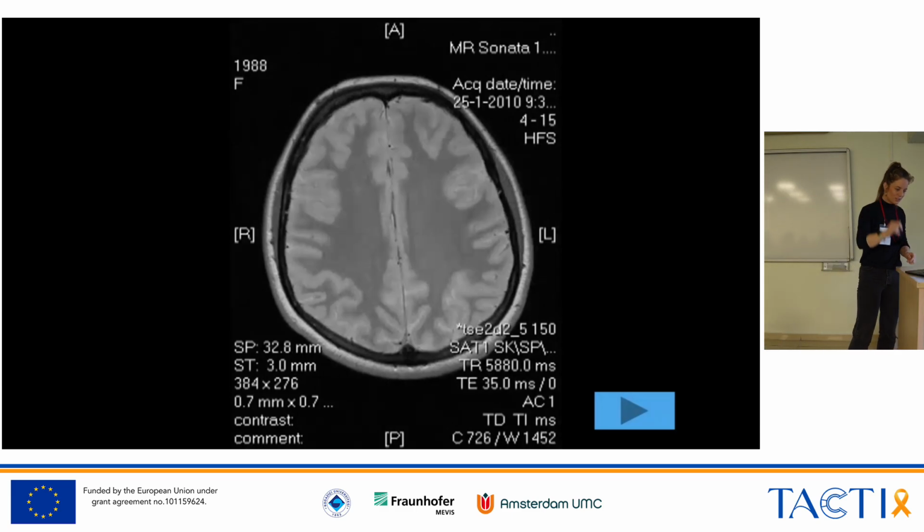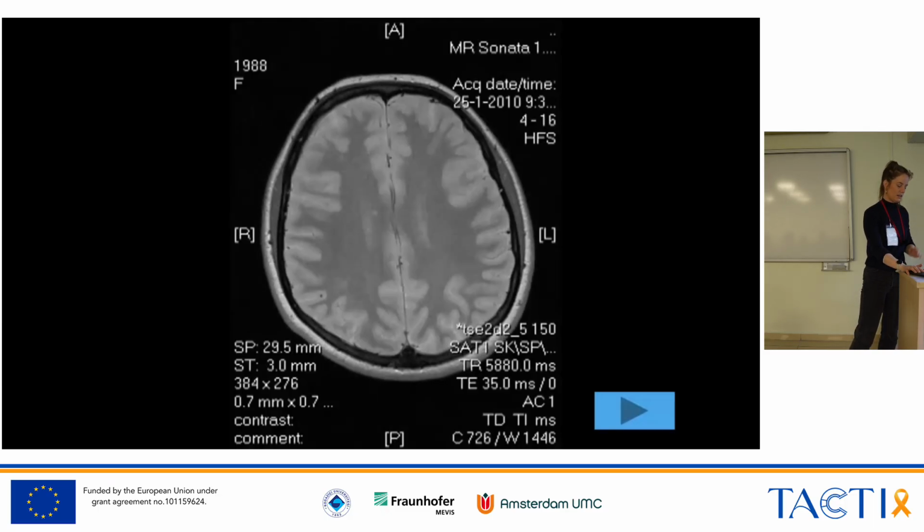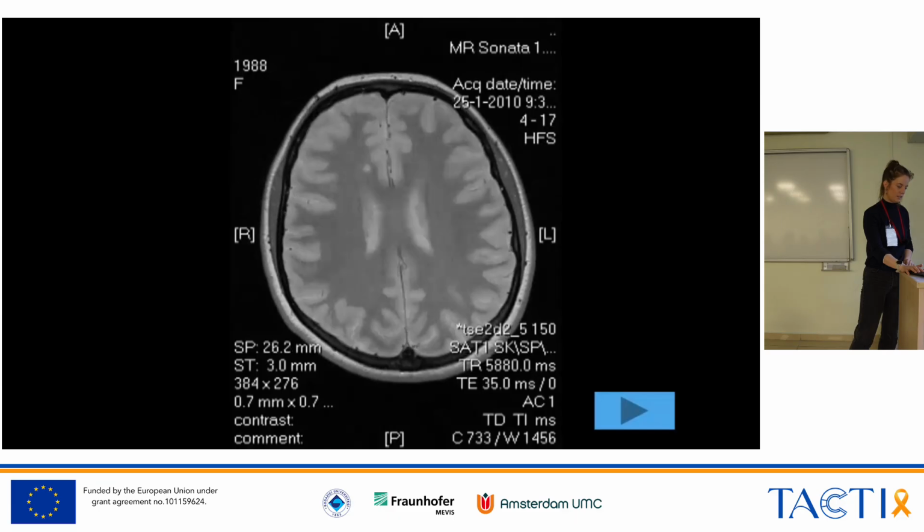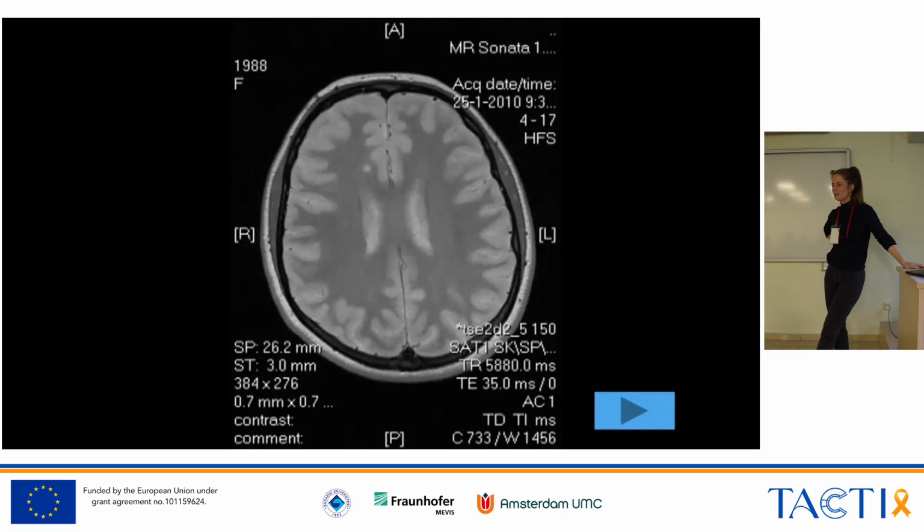But now if we go a slice down, then I think you can see that it's white matter. I would say it's white matter. Deep white matter. Yeah. But then this one, yeah. So, Vera, if this was the only other lesion in a patient with a proven optic neuritis, what would you say?